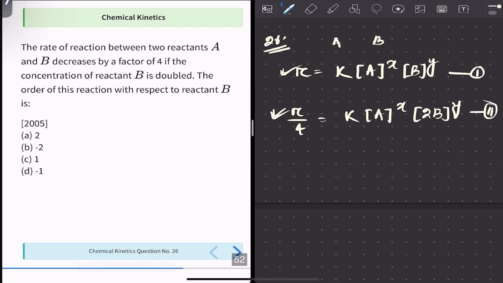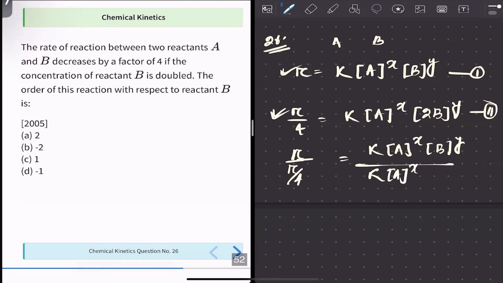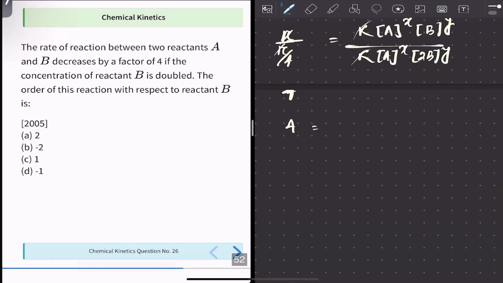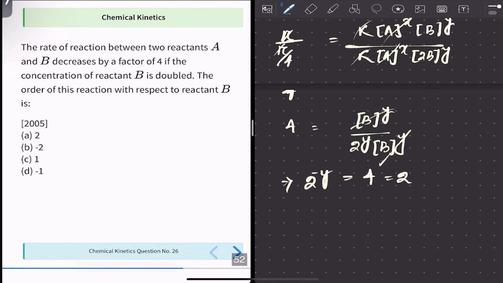Equation 1, equation 2. Divide equation 1 by equation 2. We get R divided by R by 4 equals K into A to the X, B to the power Y, divided by K into A to the power X, 2B to the power Y. That gives 2 to the power Y equals 1 by 4, that means 2 to the power minus Y is equal to 4, that is equal to 2 to the power 2.